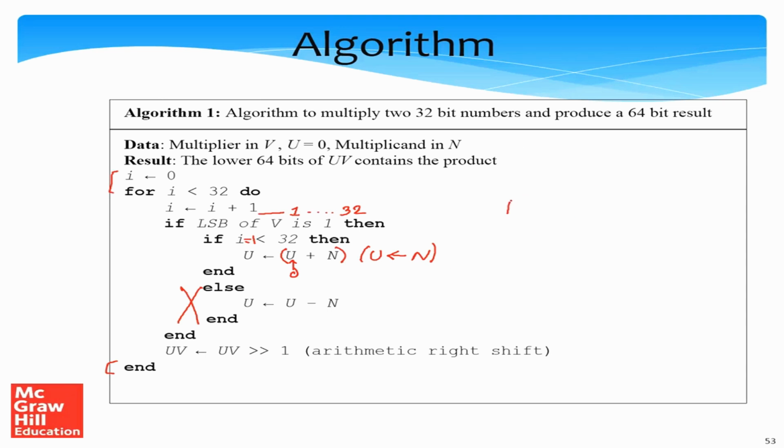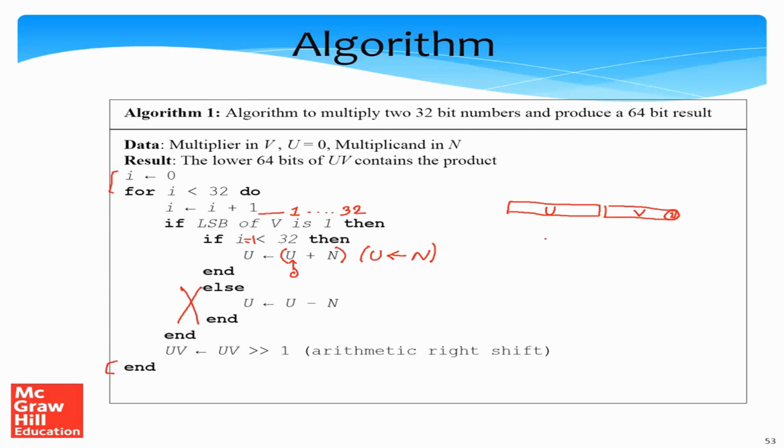So let's see what's happening. Initially we have the register U and the register V, and the register V contains the multiplier. Let's say that this bit is 1.